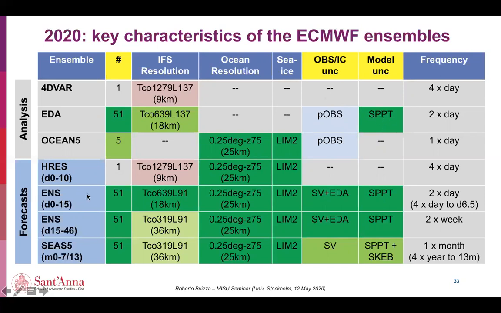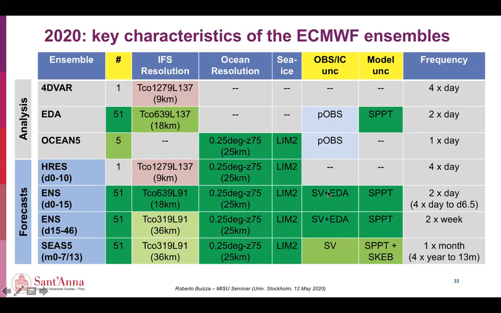We go in forecast mode. ECMWF is still running a high resolution model up to 10 days, but then all the rest of the forecasts are done using ensembles, a 51-member medium range, 51-member monthly, and a 51-member seasonal system. All these have been designed, first of all, to have a coupled ocean, a coupled sea ice system.